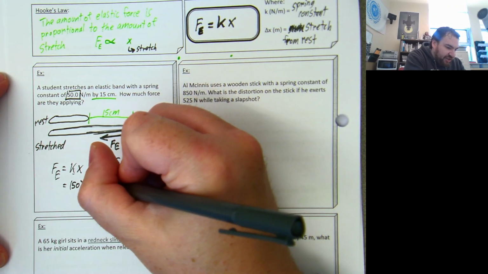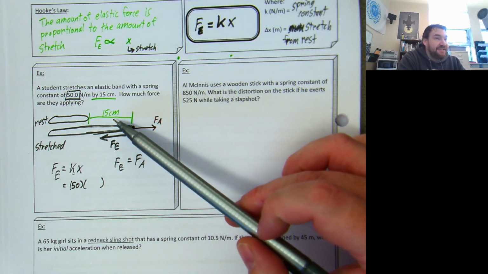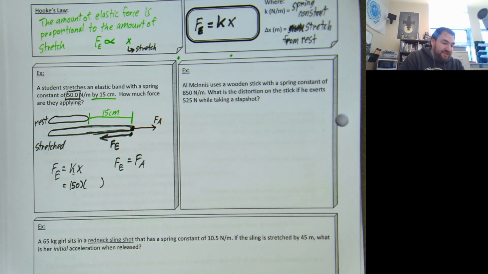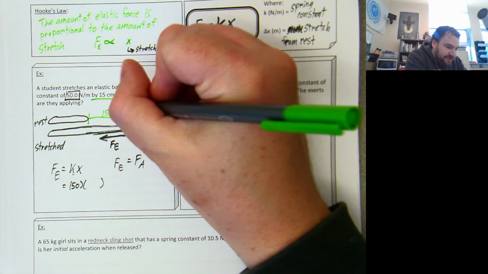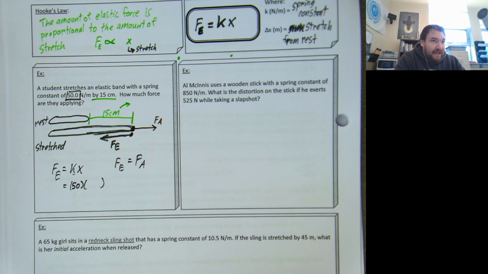What's the extension? We're told in the problem that it extends 15 centimeters, but extensions shouldn't be measured in centimeters. They should be measured in meters. So how do I convert centimeters to meters? How many centimeters are there in a meter? Divide by 100.